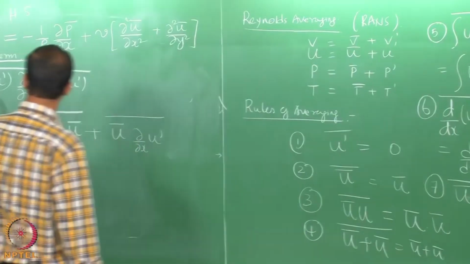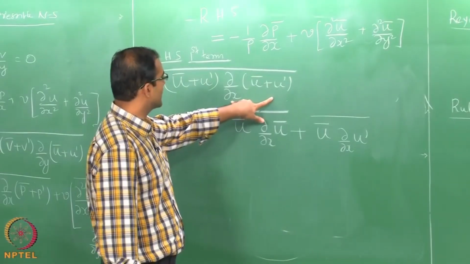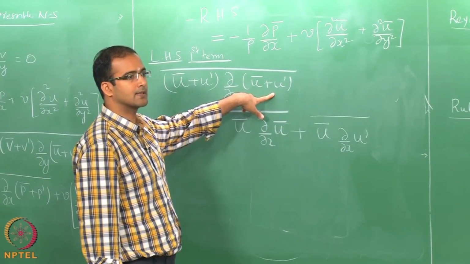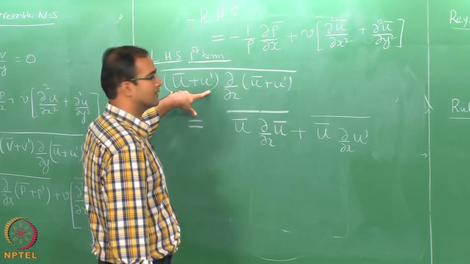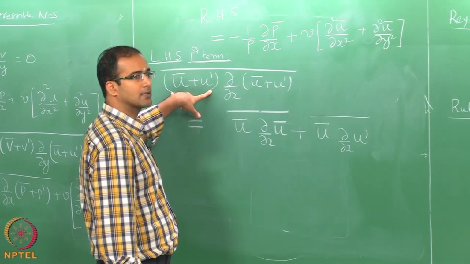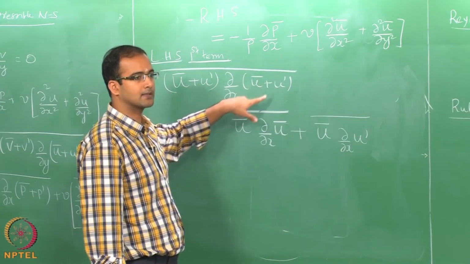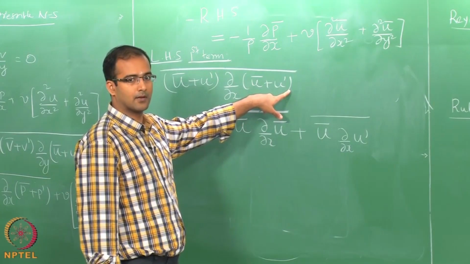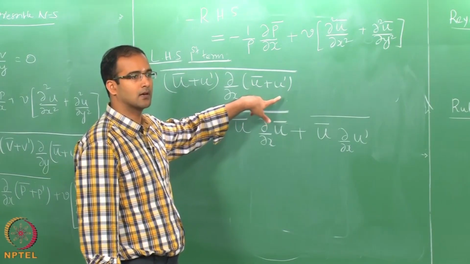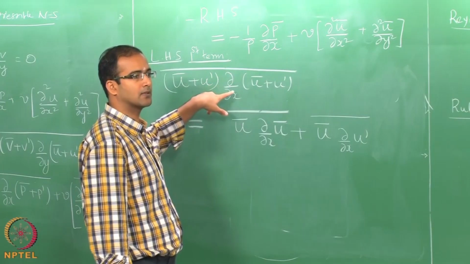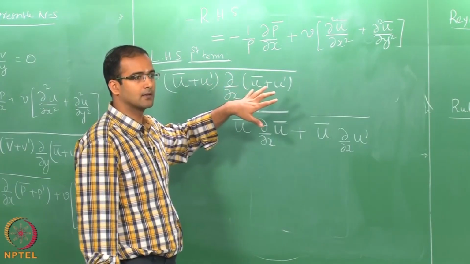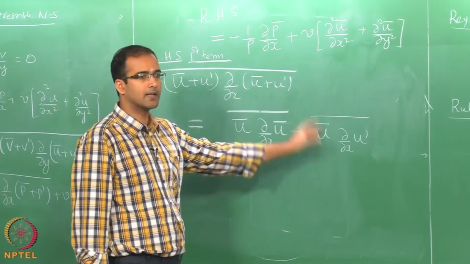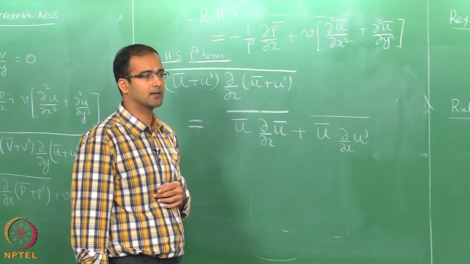So you have this term multiplied by d by dx of this. There is no rule which says that this can be written as the averaging operator applied over this, multiplied by d by dx of the averaging operator applied over this. We have a separate rule for d by dx and a separate rule for the product, not a combined rule. So, therefore, we have to first multiply the terms and then apply the individual averaging operator.